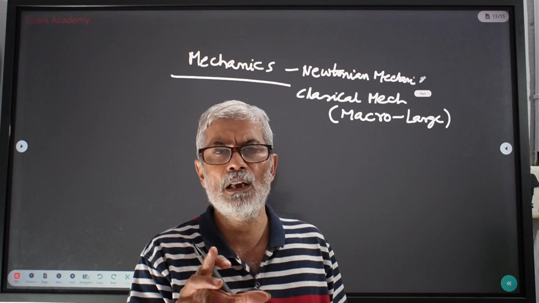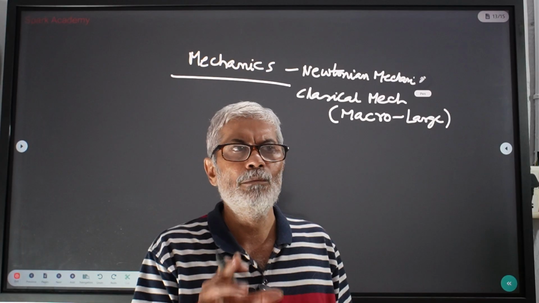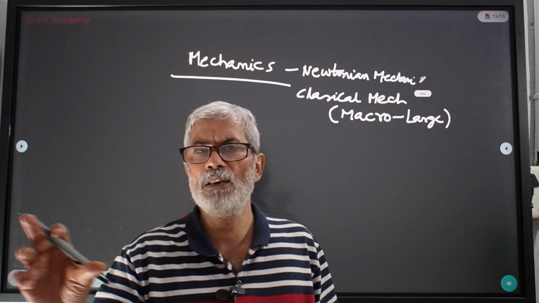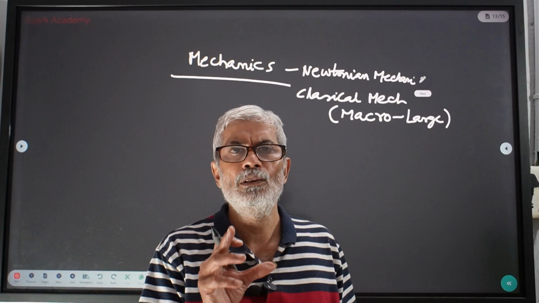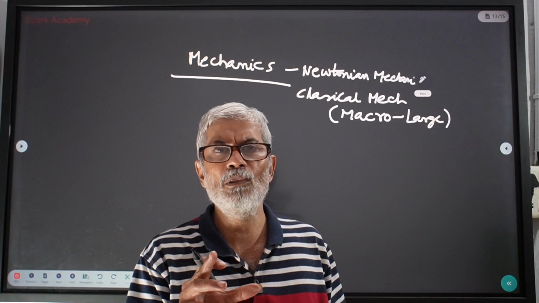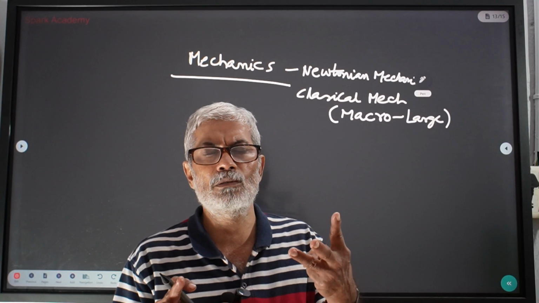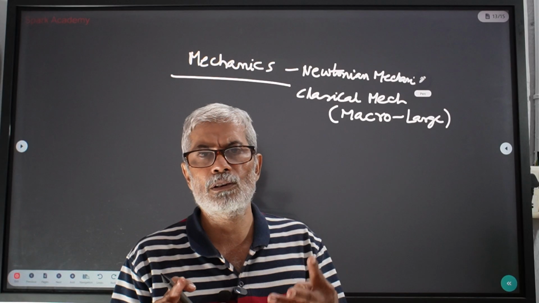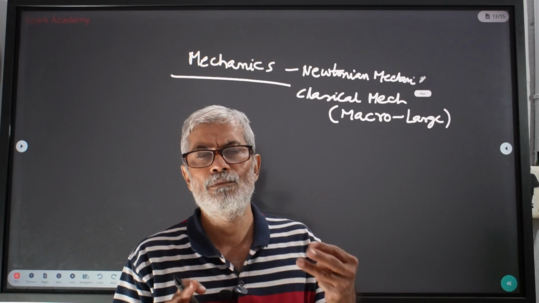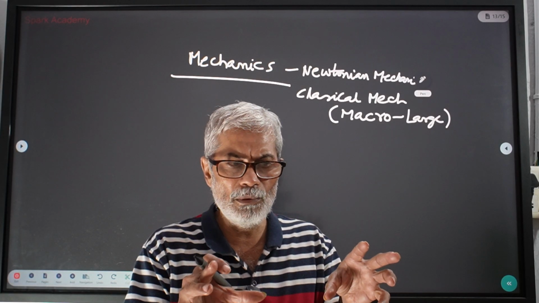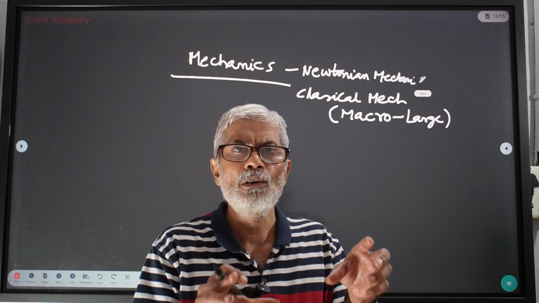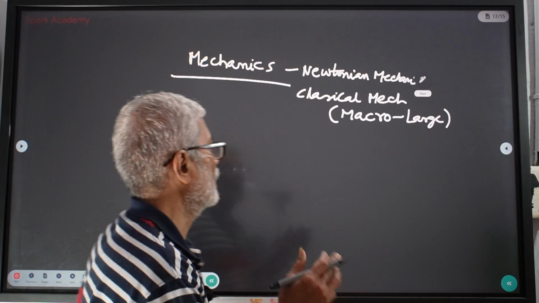Newton is the researcher who, based on different observations on the surface of the earth, formulated three important laws known as Newton's laws: first law, second law, third law. Those laws are used for the motion of a particle in a straight line.